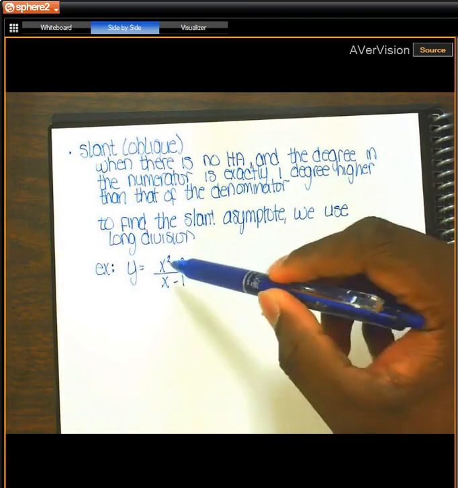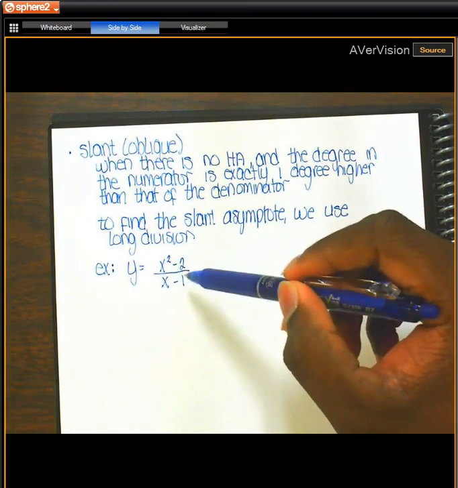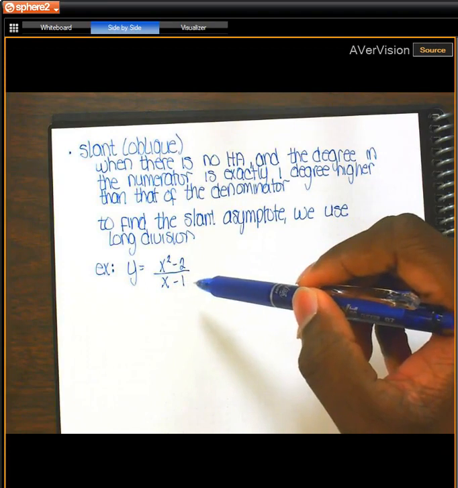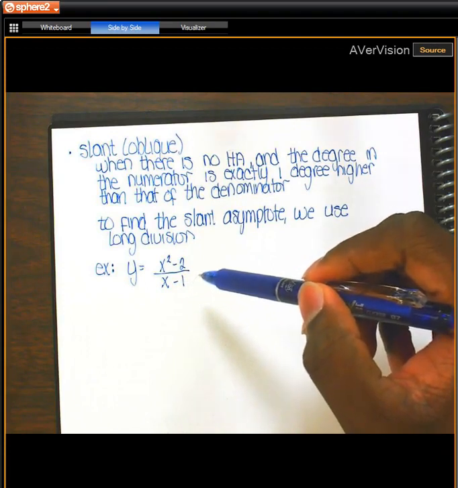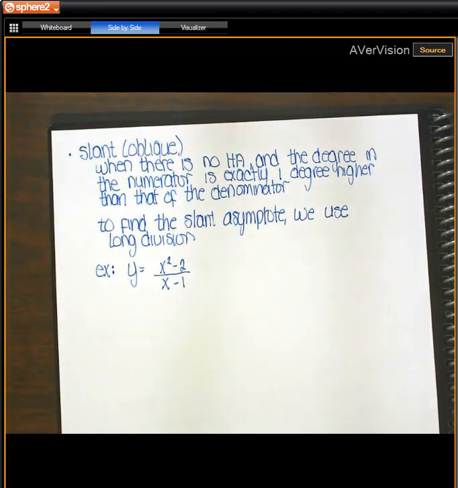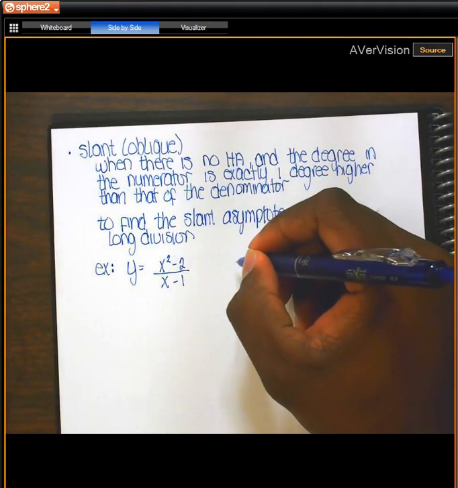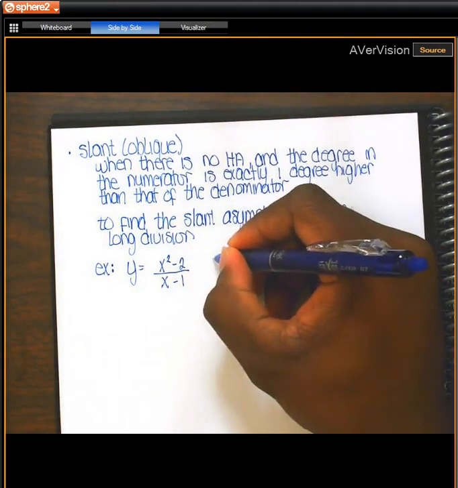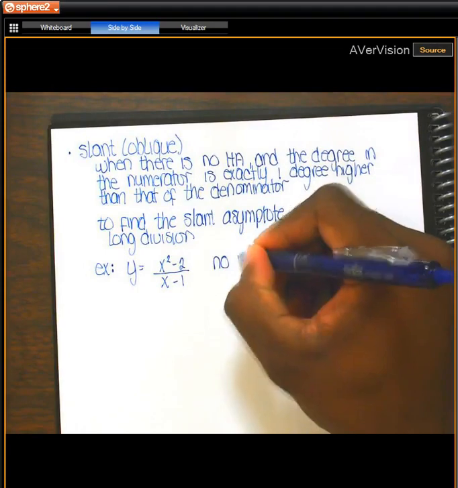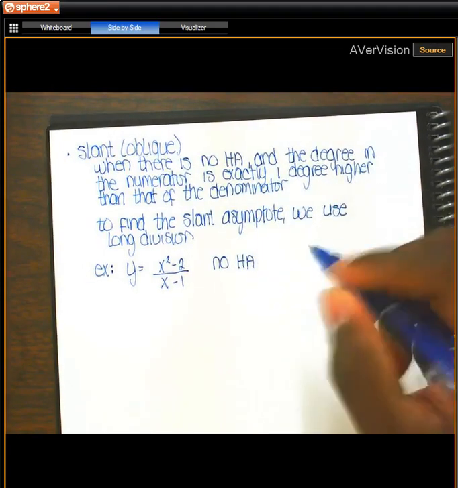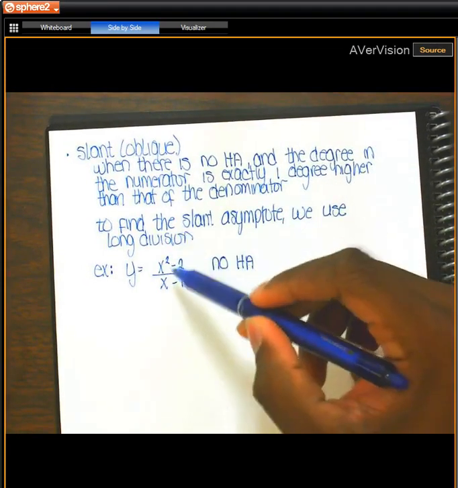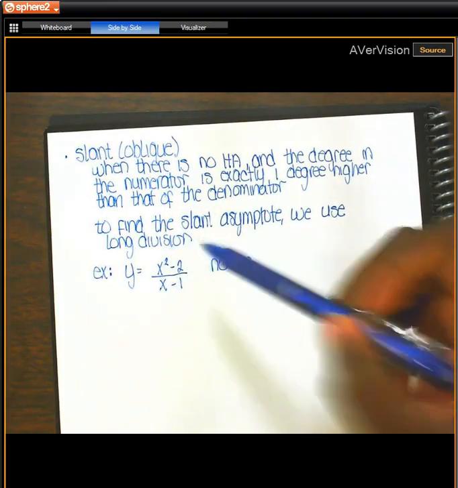So, is there a horizontal asymptote for this one? Why? There's no horizontal asymptote because the degree in the numerator is higher than the denominator.